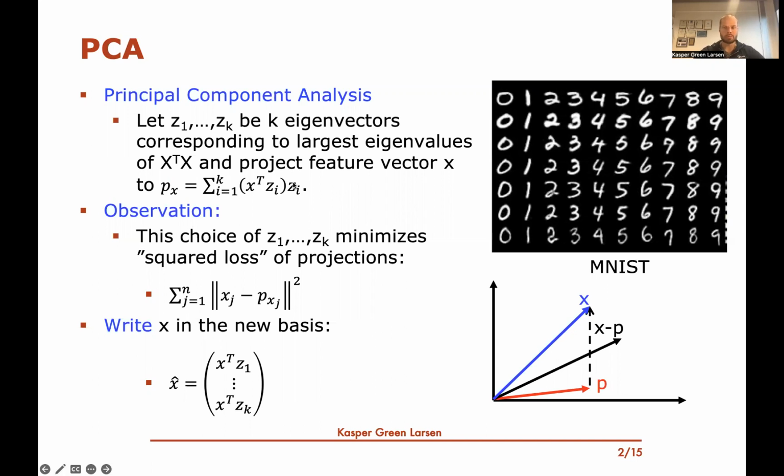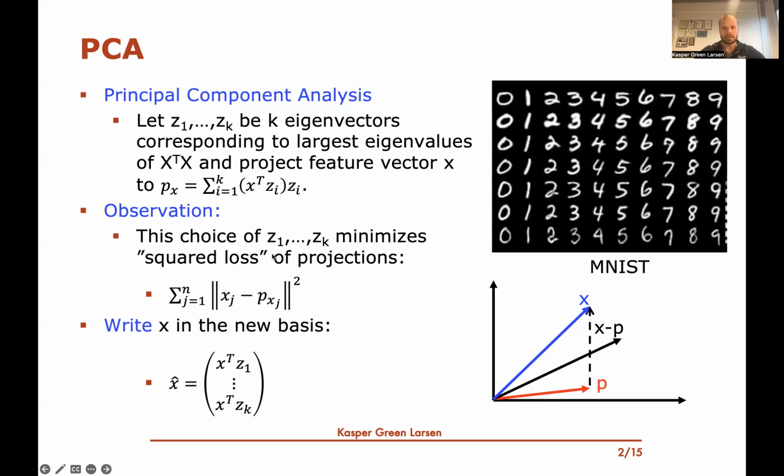What we proved in the previous video was that this choice of z1 to zk minimizes the squared loss of the projections, meaning that if you sum over all the samples x1 to xn, the sum of the squared differences between the original sample vectors and the projections is minimized.